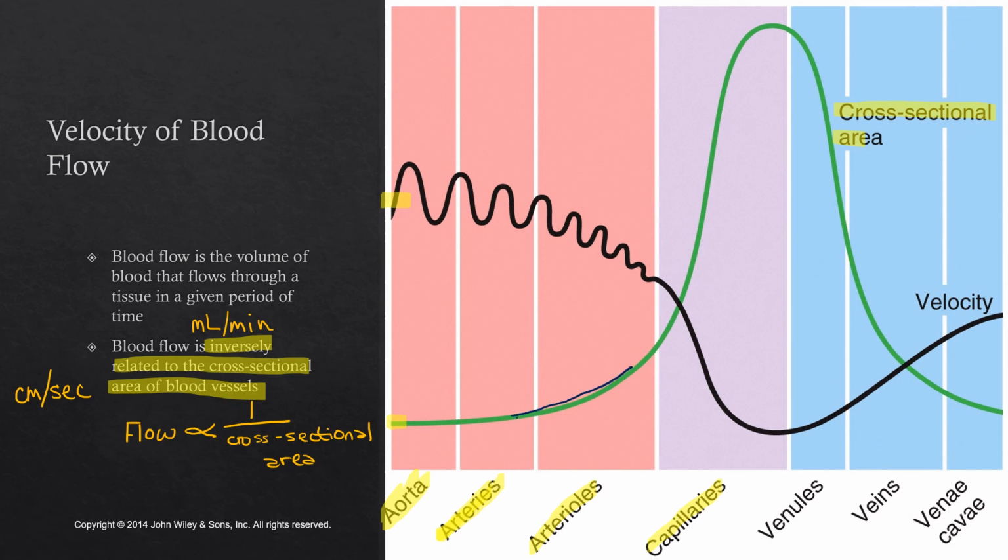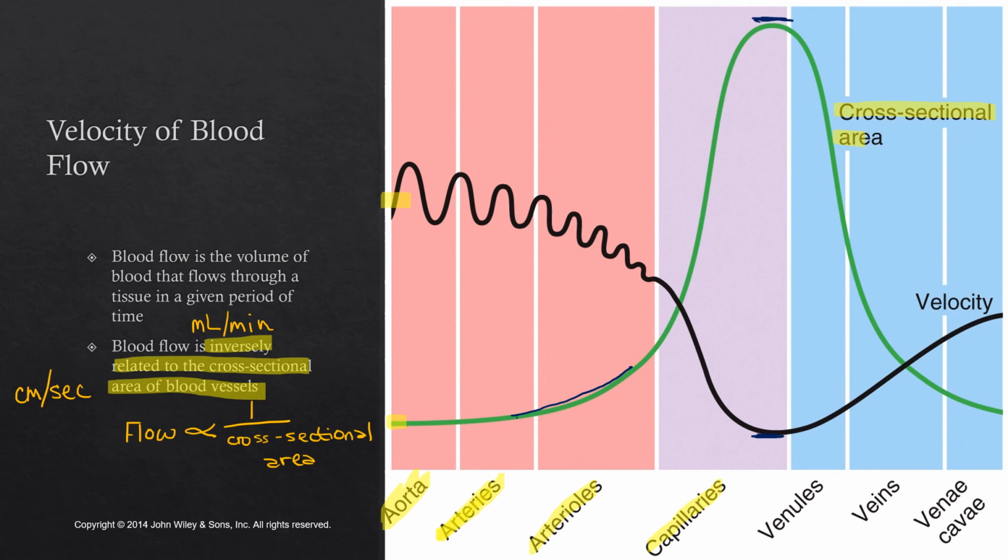Then as we get to capillaries, we know about these very extensive capillary beds, which cause the cross-sectional area of all of those capillaries to be very high. And because of that, the velocity, since it's inversely proportional, is going to be very low.